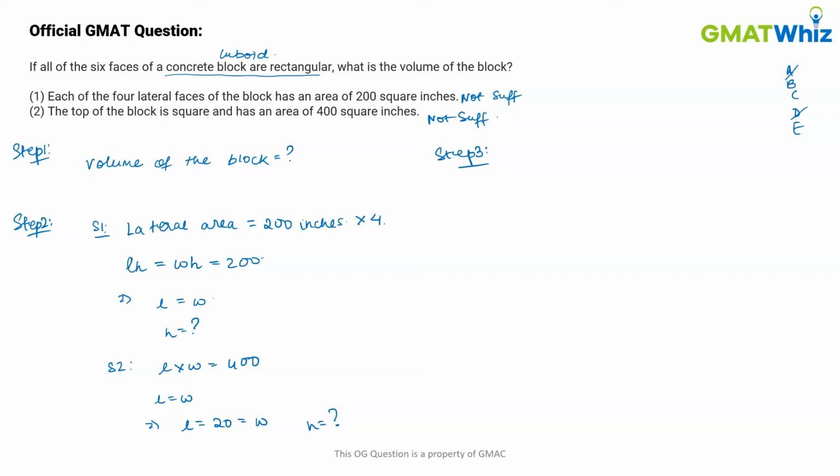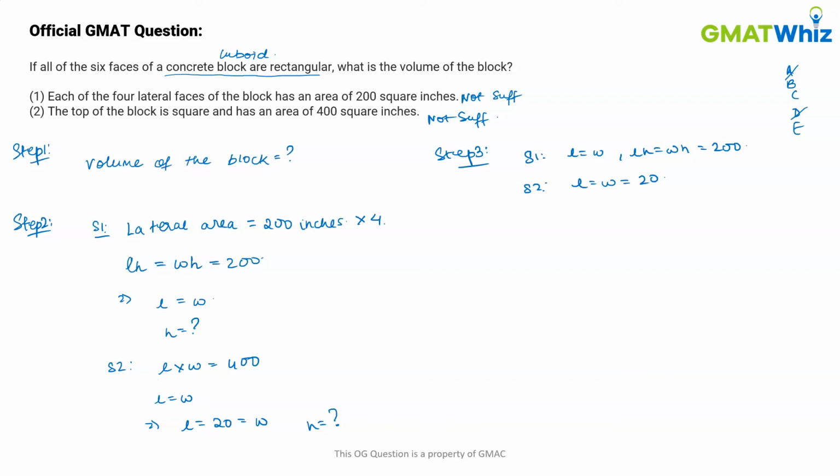From statement 1, we have that the length is equal to the width of the block, and from statement 2, we have that the length is equal to the width, which is equal to 20. We also have from statement 1 that LH is equal to WH, which is equal to 200.